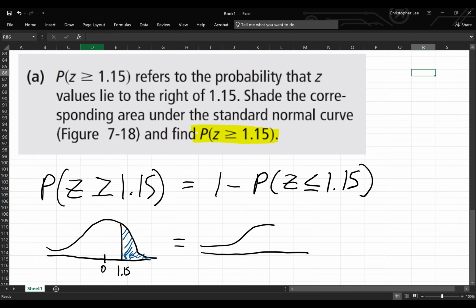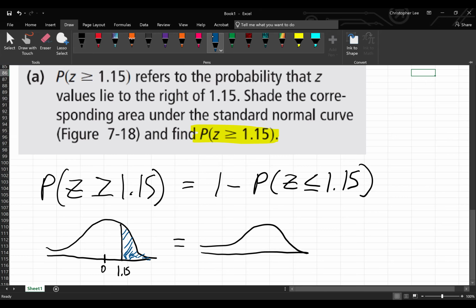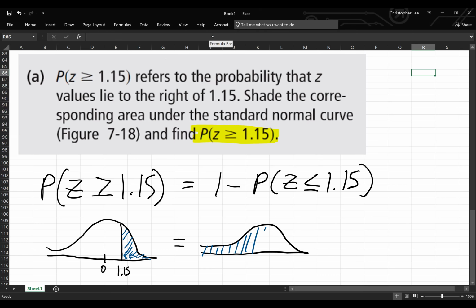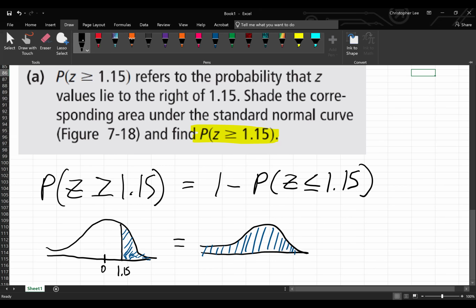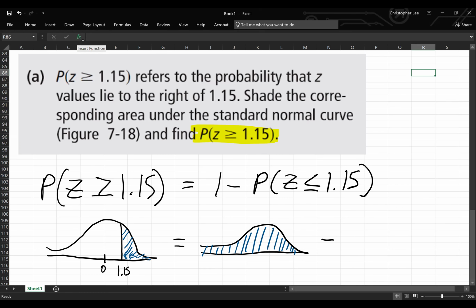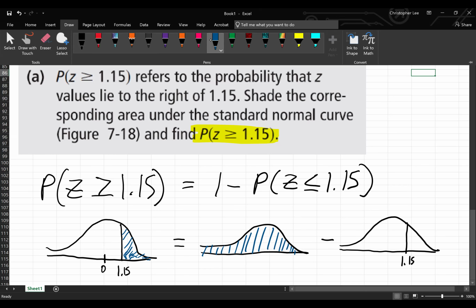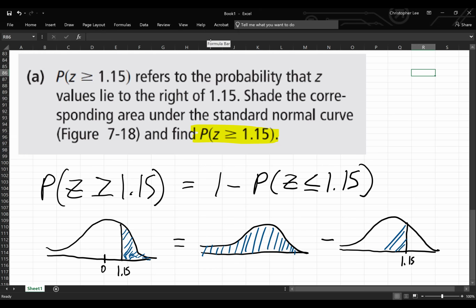So the whole distribution, I want to take that and subtract the 1.15 from that, that's less than. And then the answer that I'm left with is the answer that I'm looking for.